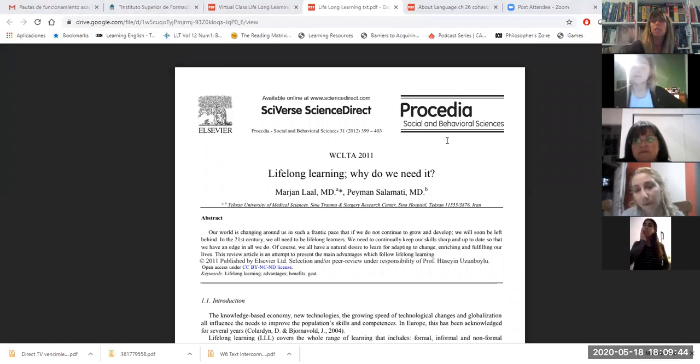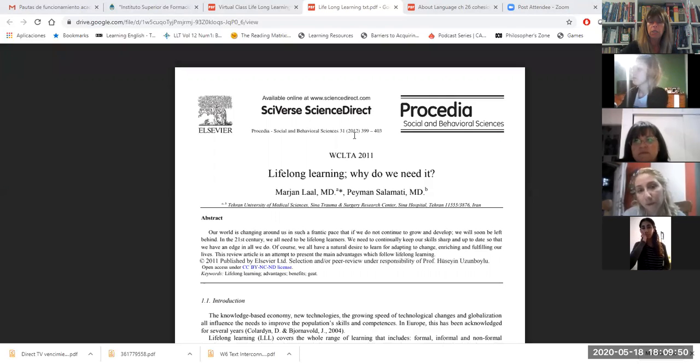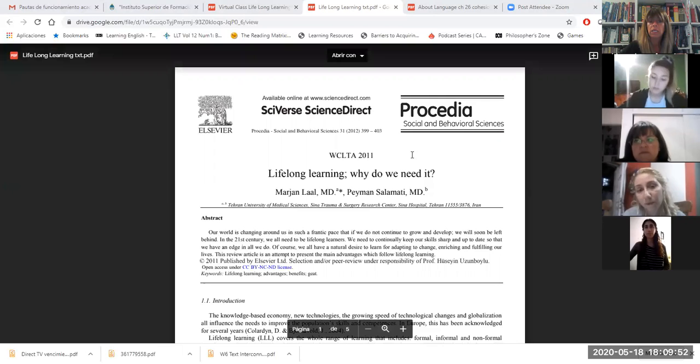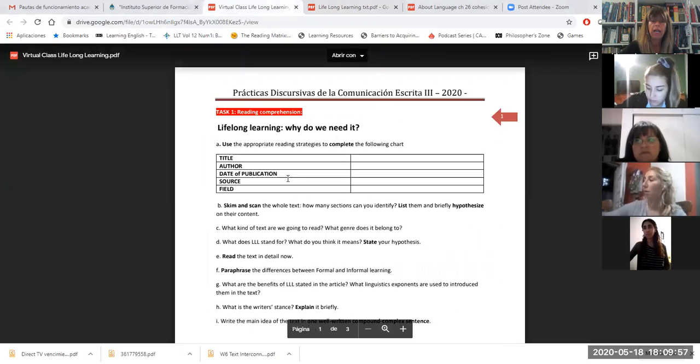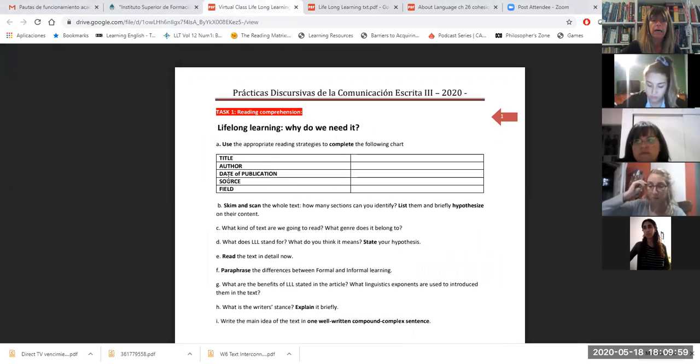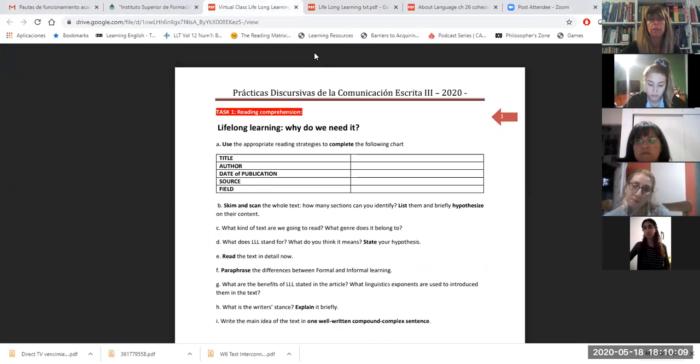And within that magazine, which was published in 2012, we can find these articles. So in class, in the chart, we are required to complete the chart with that information, okay? The source, the field.